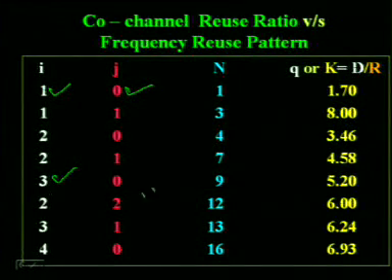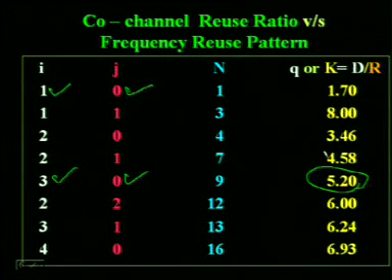In a random way, put i is equal to 3, j is equal to 0, so we will get 5.2. So, in this way we can find out different values of reuse factor and the number of cells in a cluster.